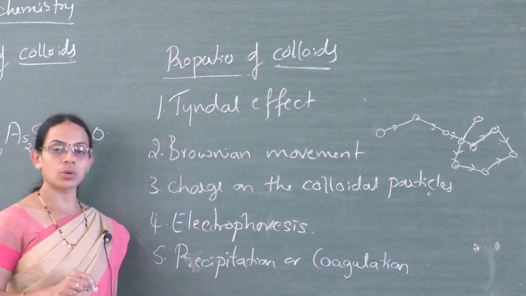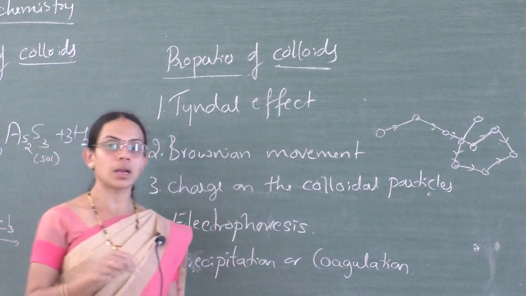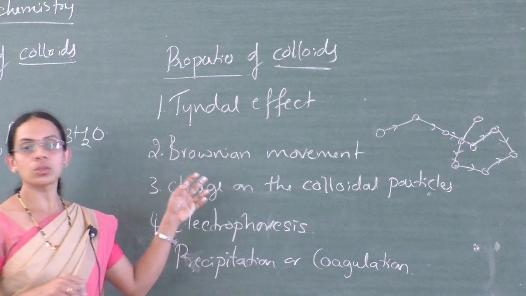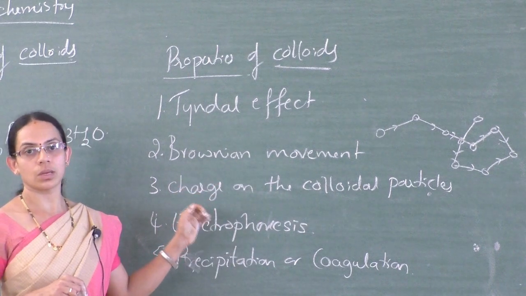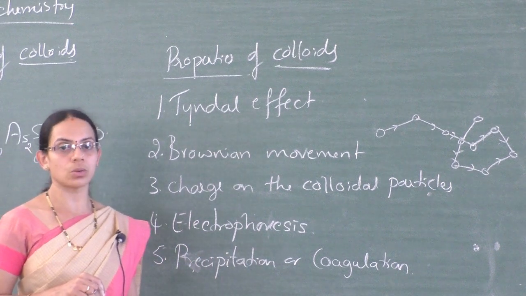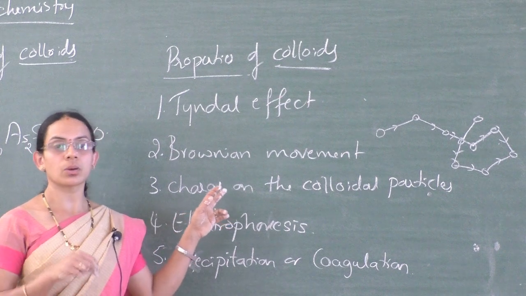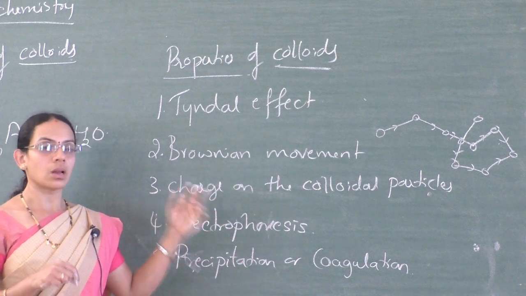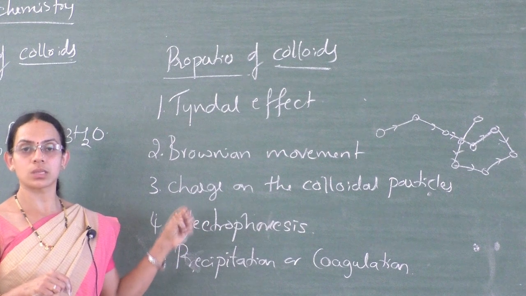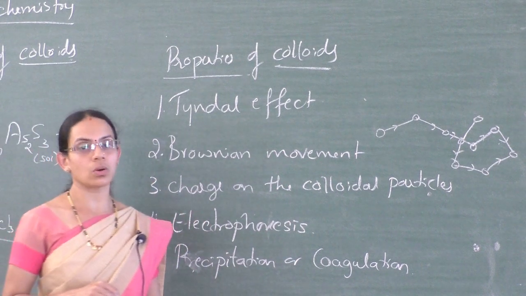And this Brownian movement gives a stirring effect to the colloidal sol, and that does not allow the colloidal particles to settle down. Hence, it is one of the reasons for the stability of the colloidal solution.